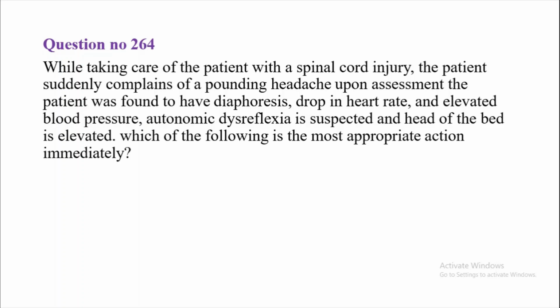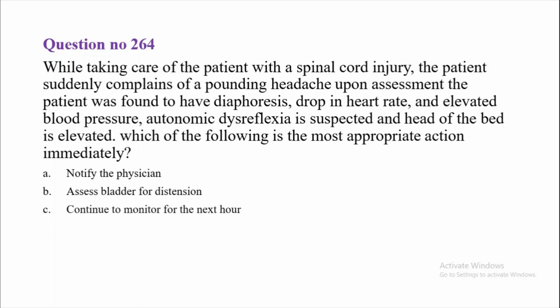Autonomic dysreflexia is suspected and head of the bed is elevated. Which of the following is the most appropriate action immediately? The options are number A, notify the physician, number B, assess bladder for distension, number C, continue to monitor for the next hour, number D, try to calm the patient.